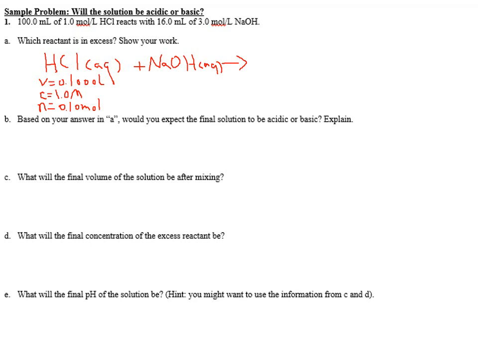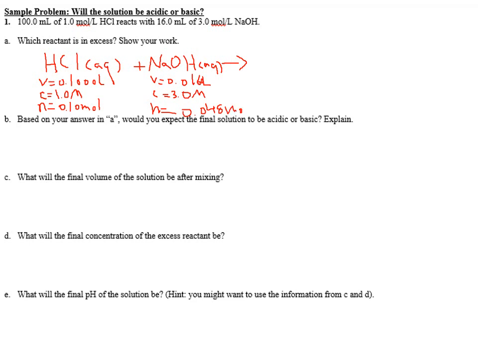We have our base, which has a volume of 0.016 liters, and our concentration is 3.0 molar, so our number of moles, C times V, 3 times 0.016, is 0.048 moles.